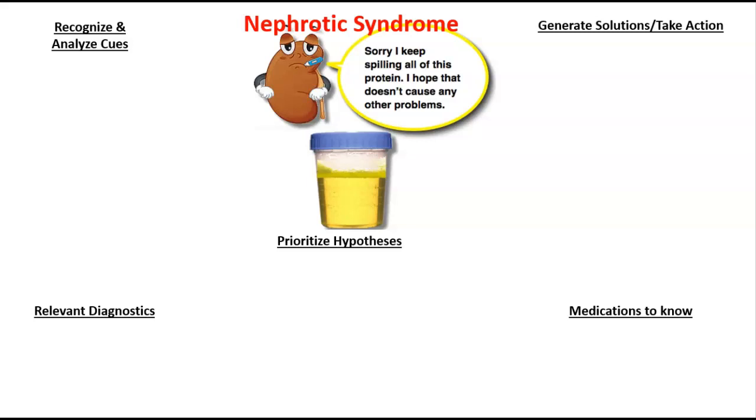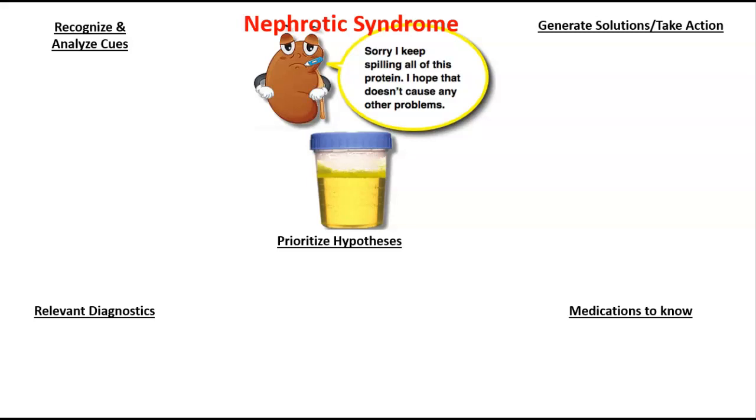Labs would show decreased albumin, increased creatinine and BUN, decreased GFR. If we did coag studies, it would show an increased PT, increased APTT, increased INR. Some of the other diagnostics, we might need a biopsy to figure out why this is happening.